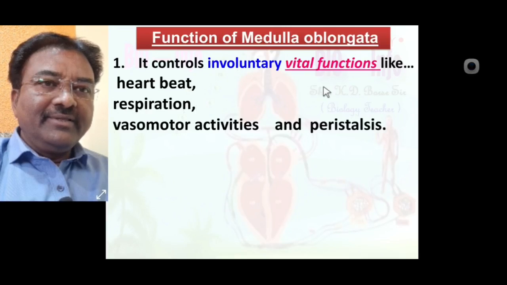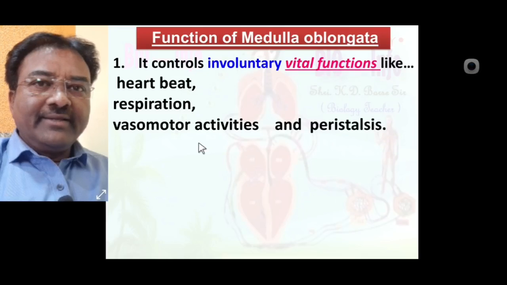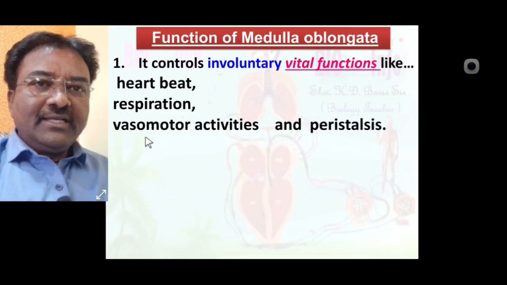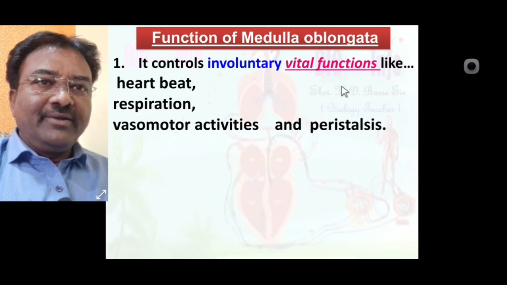All these are involuntary activities. Those activities that are not under our control are called involuntary activities. Heartbeat, respiration, vasomotor activity and peristalsis are not under our control. Such involuntary vital activities are controlled by medulla oblongata. So medulla oblongata is the most important part of the hindbrain.